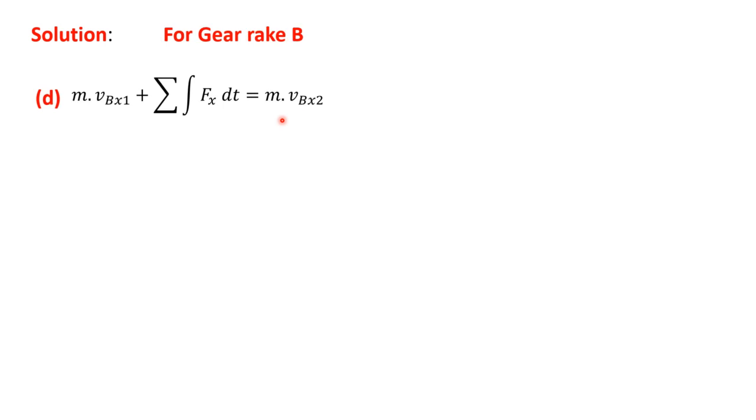So we go to the rake. For the rake gear, we only have a horizontal movement, horizontal velocity. So we're going to have the mass multiplied by the velocity 1, plus the sigma of the forces in the x direction for the rake, is going to be equal to the mass multiplied by the velocity 2.